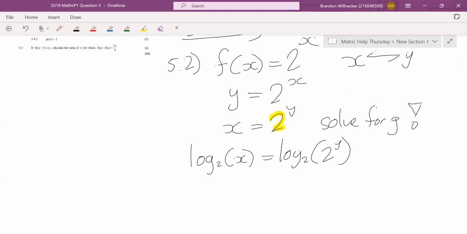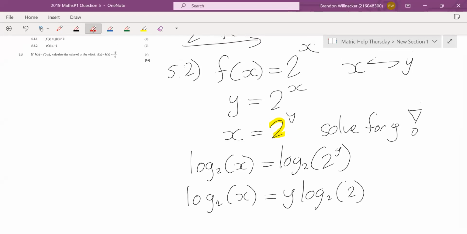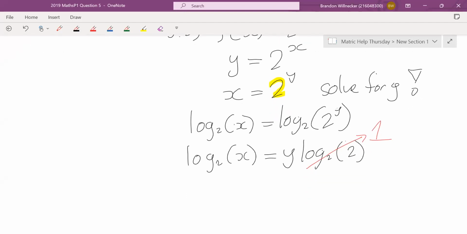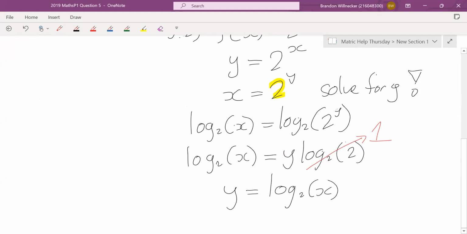So we can do a bit of log working. Log base 2 of x is equal to y times log base 2 of 2. Now log base 2 of 2 is just going to be 1. So we have y is equal to log base 2 of x. And they wanted it in the form y equals, so we can leave it like that.